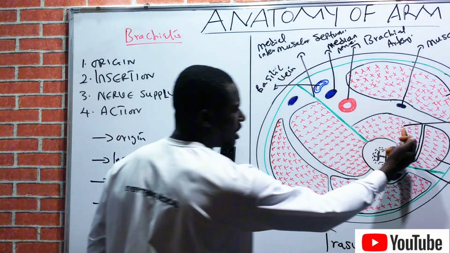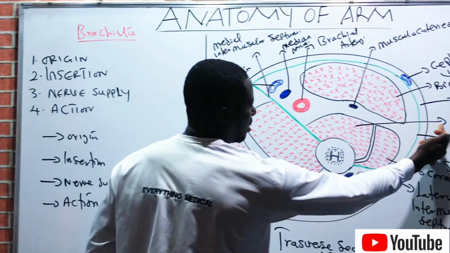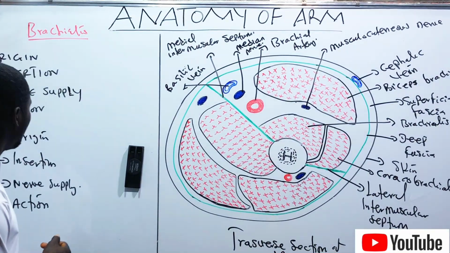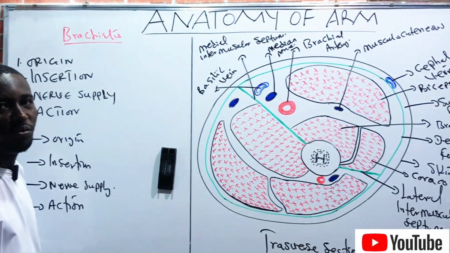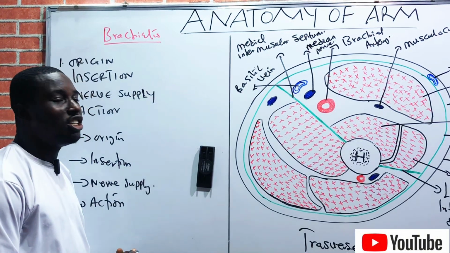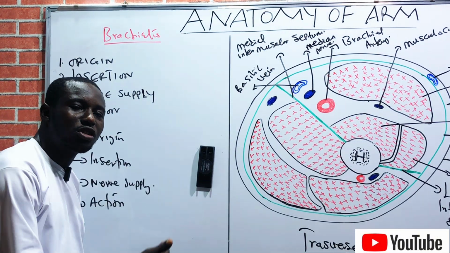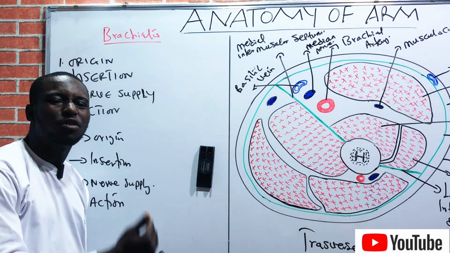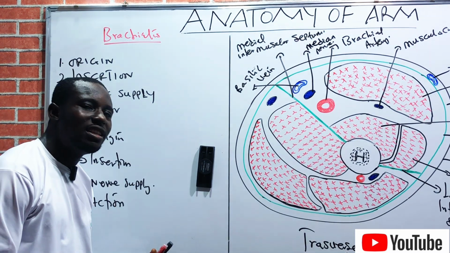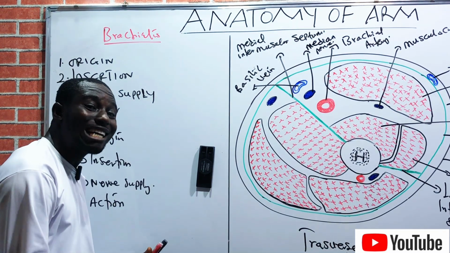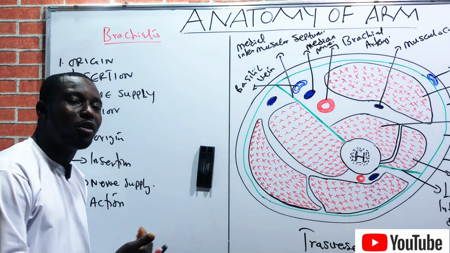You can see here, this is the brachialis muscle. What is the origin of the brachialis muscle? The brachialis muscle originates from the anterior aspect, in front of the lower half of the shaft of the humerus.